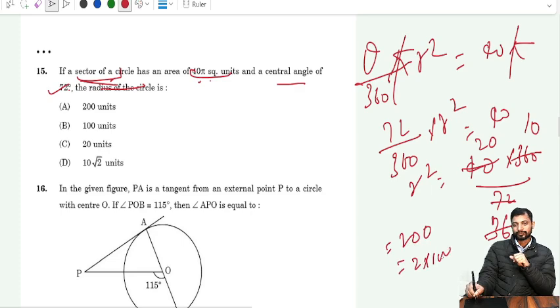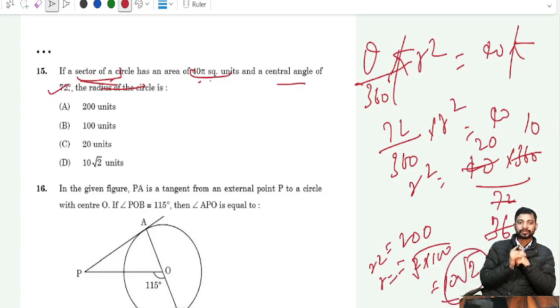If you solve this, it gives you 2 into 100. This is not r, this is r square. So the value of r will be under root of 2 into 100. The square root of 100 gives you 10, but root 2 is an irrational number, so 10 root 2 is the answer of this question.